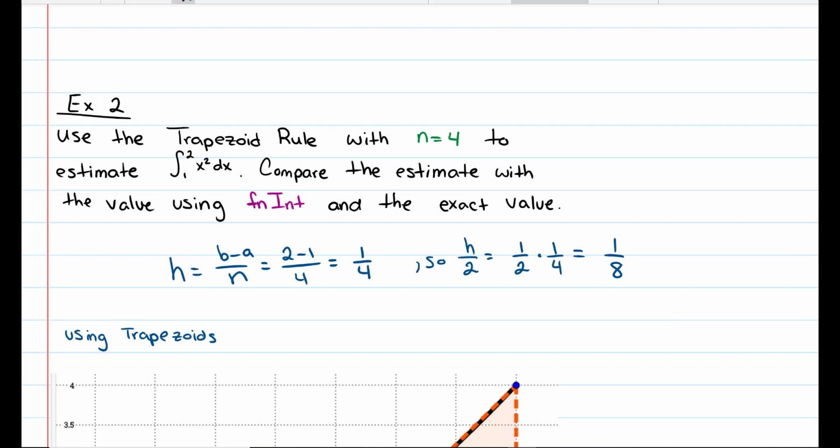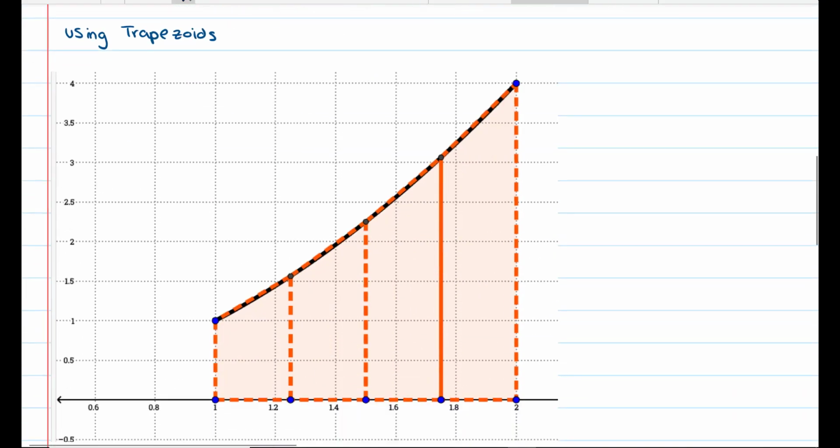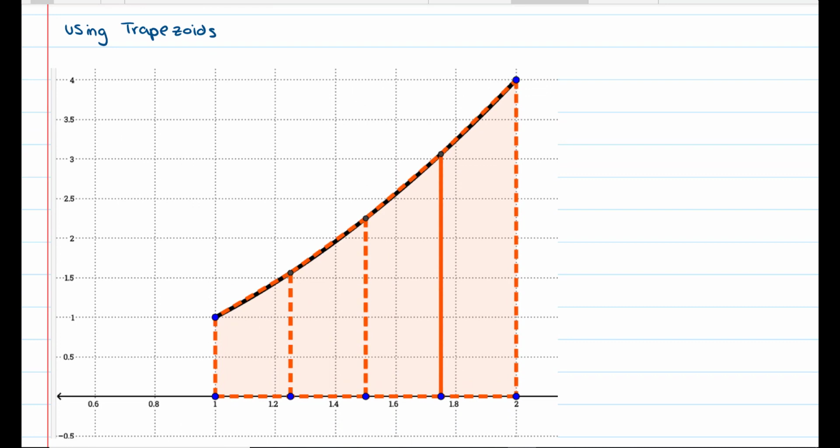So using trapezoids, I recommend you graph this on your paper or draw a figure so you can draw out the trapezoids. It might be helpful. Here I have it graphed out for us, where the black curve represents x squared from 1 to 2, and then I've drawn in each trapezoid in orange.